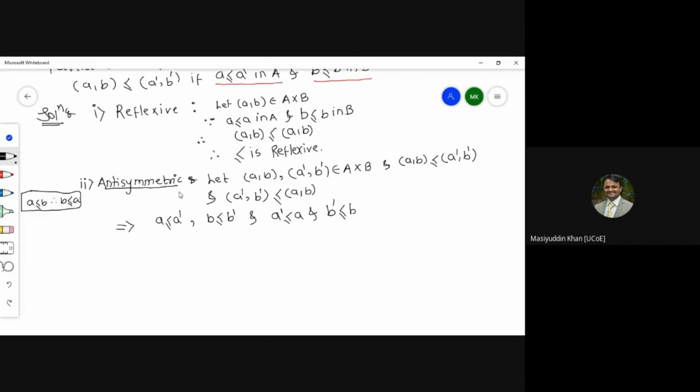So a ≤ a' and a' ≤ a, and b ≤ b' and b' ≤ b. We just adjust the a part on one side, and the b and b' part on the same side.